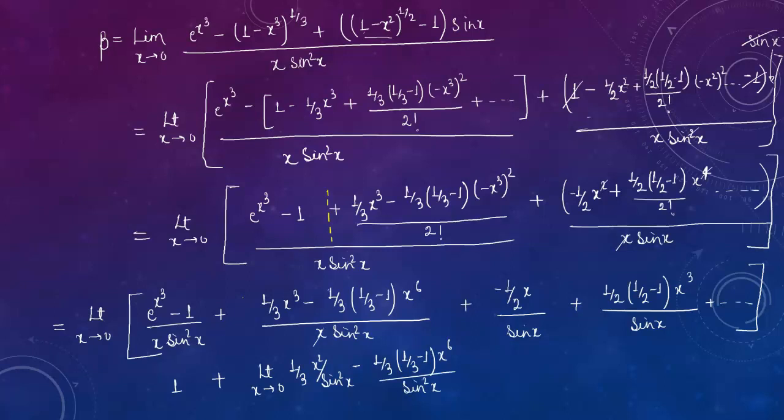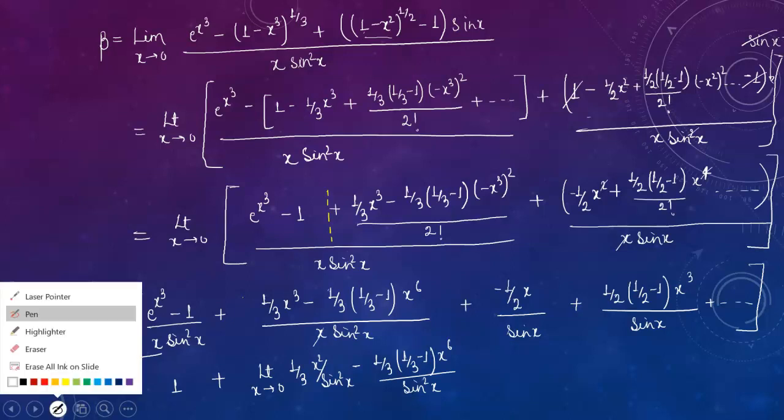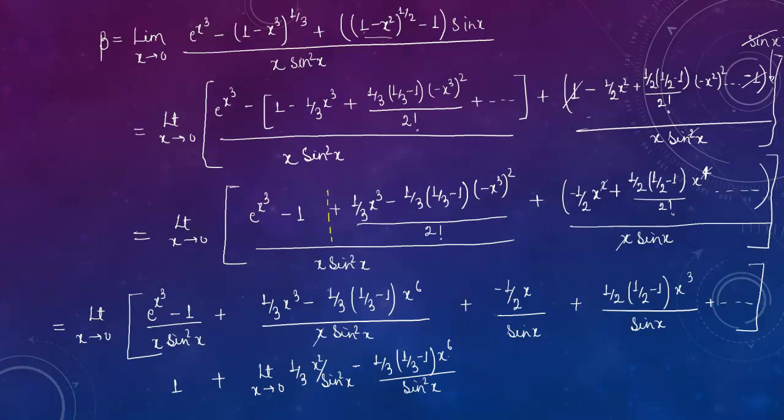So let me solve this term first. If this x to the power 6 is written in this manner, x square into x to the power 4, this term again has value 1 after applying limit, but x to the power 4 is still remaining, so it will make the whole term 0.